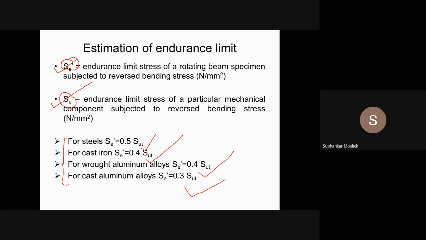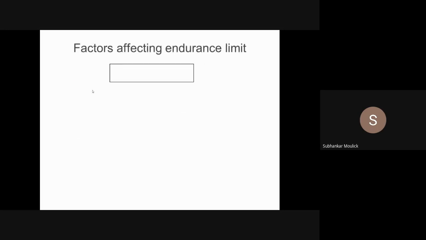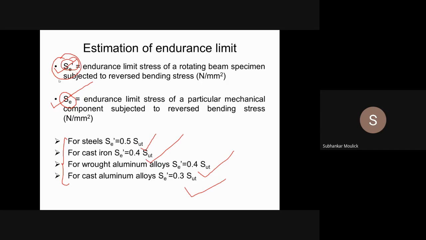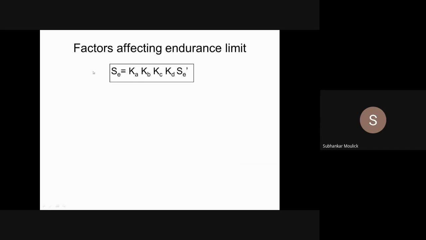And what is SE dash? SE dash is the endurance limit stress value of a rotating beam specimen that is found out in the laboratory. And that relationship between SE and SE dash is given by the relation SE is equal to Ka, Kb, Kc, Kd, SE dash.